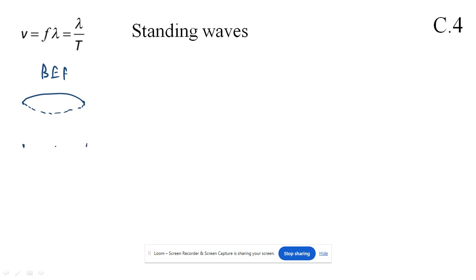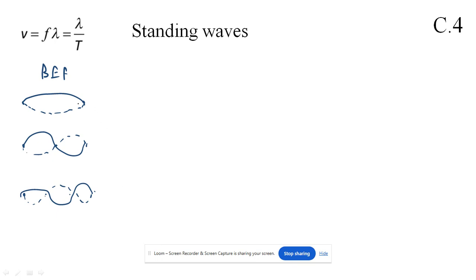The next one has two humps. The next one is three humps, so it's harder to do. Don't laugh at my standing waves. So this is the first harmonic, second harmonic, third harmonic.